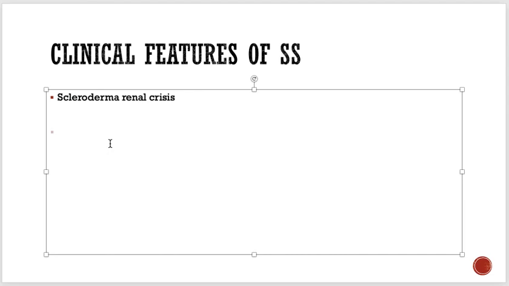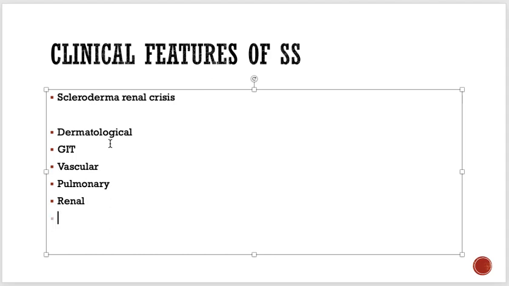But these are the important things I told you. So basically there are dermatological manifestations, GIT manifestations, vascular manifestations, pulmonary manifestations, renal manifestations.